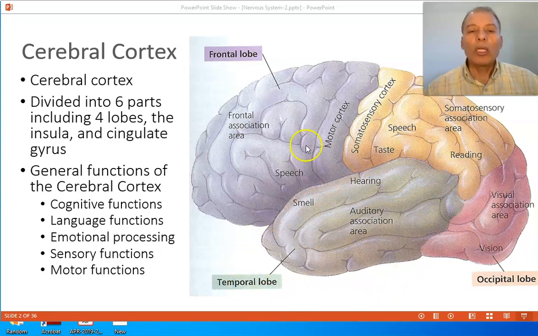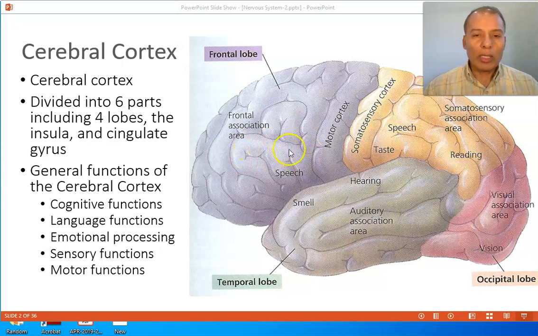And these are all named after the bones that cover them: parietal bone, occipital bone, temporal bone, and frontal bone. So the cortex is divided into 6 main parts, and 4 of them are visible.